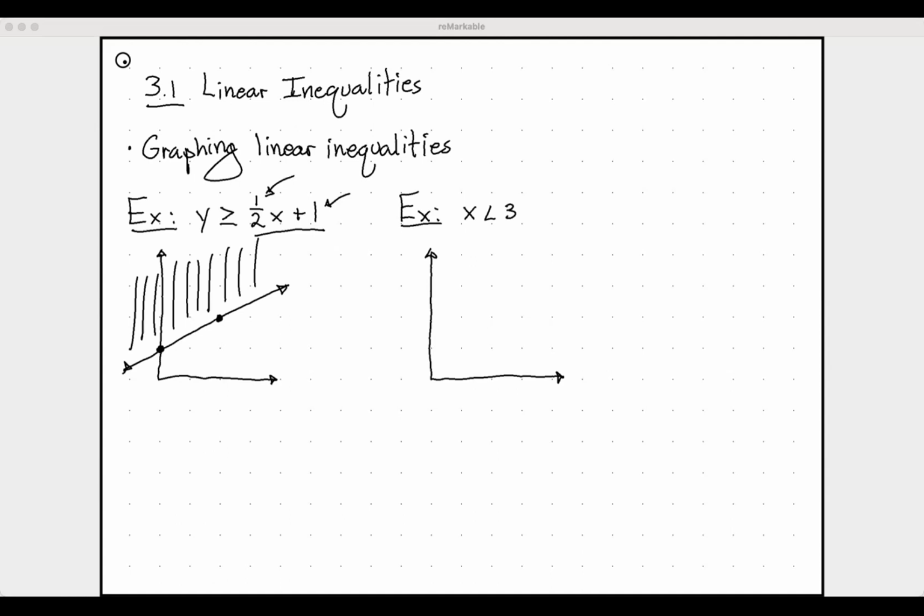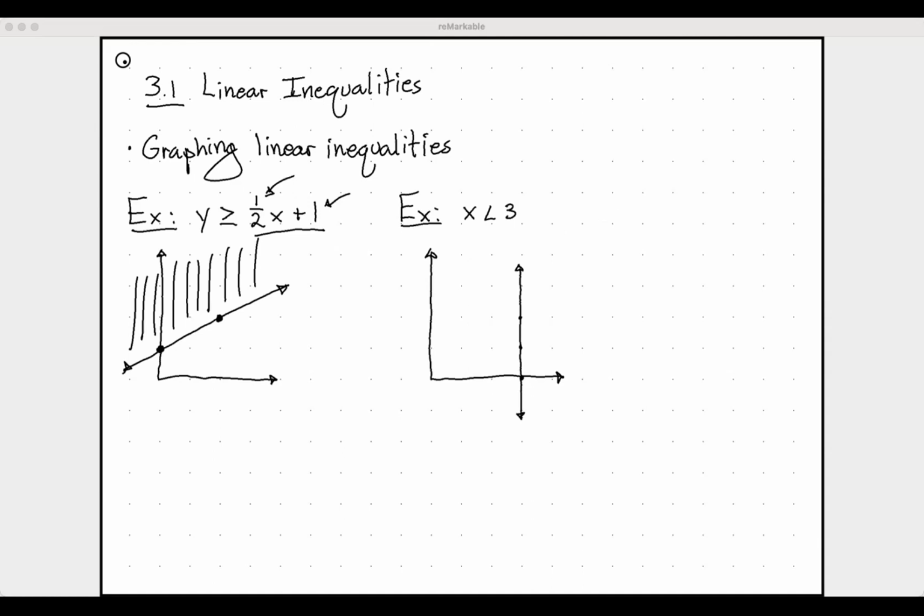But we know that if this were x equals 3, that is a vertical line. It's the line where every x coordinate is 3, which sort of makes sense. So if I plot a few points, all of the x coordinates here are 3. So it is this vertical line right here. So that's if x were equal to 3.